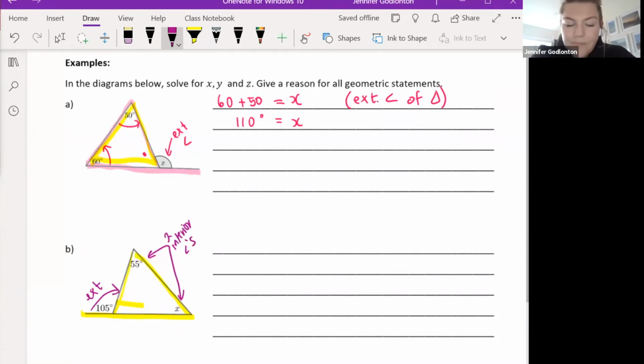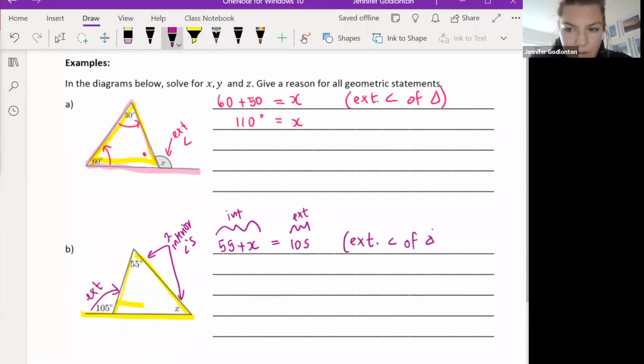Now, if I'm trying to find X, I'm going to first start by writing myself an equation. I'm going to say 55 plus X, those are my two interior angles, is equal to 105, which is my exterior angle. And then my reason is going to be exterior angle of triangle.